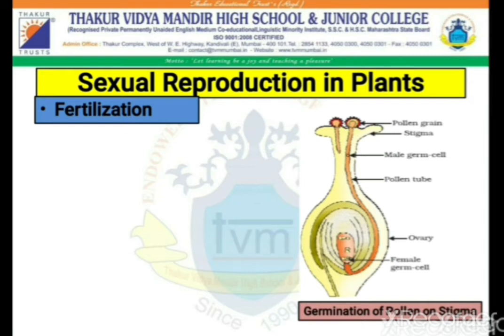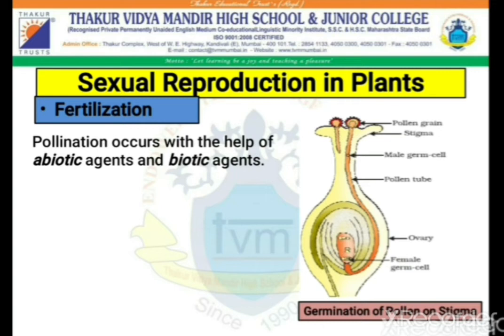So here, in fertilization, the pollination which has occurred earlier happens with the help of abiotic and biotic agents. Biotic is the agents related with the living things, and abiotic is the agents related with the non-living things.